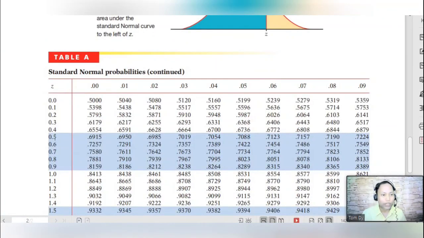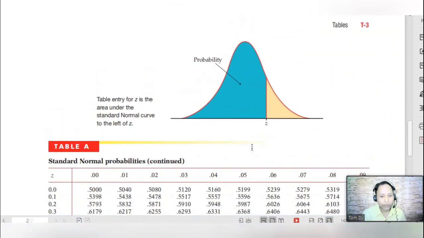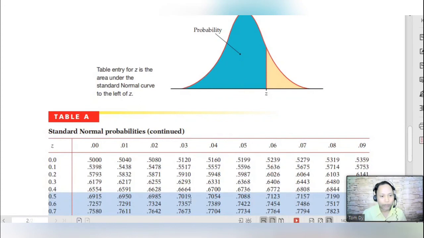This is the table of standard normal probabilities. For 0.57, you look at the row 0.5 and then the column 0.07. 0.5 plus 0.07 is 0.57, and the equivalent value is 0.7157.